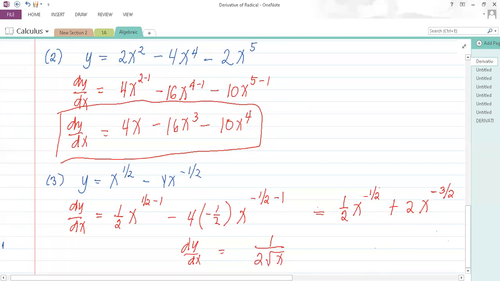Okay, so pag binabaga natin ito, x raised to 1 half is the square root of x. Kasi meron tayong negative. Okay, so plus we have 2 over the square root of x cubed. That is equal to x over raised to 2. So pagka ginawa nating denominator para mawala yung negative. Okay, so this will be now our answer for number 3.